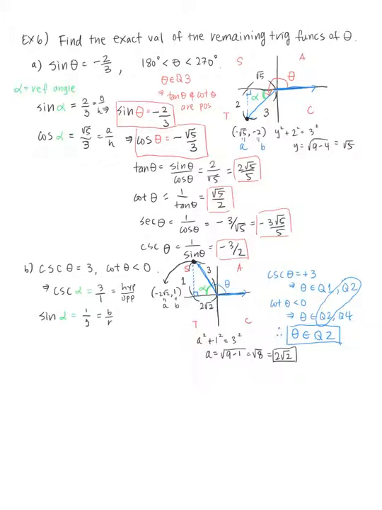So that should make sense because our B is 1 and our R is 3. All right, so that's for the reference angle. Now let's compute the sine of theta. So sine of theta is going to be, is sine positive in quadrant 2? Yes, it is. So you just keep it as positive 1/3.